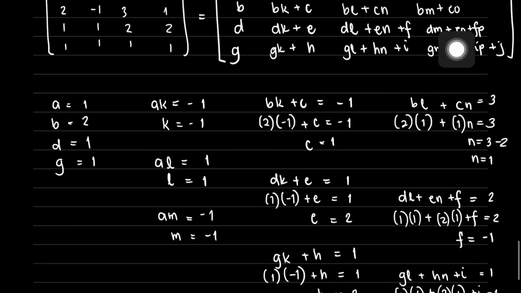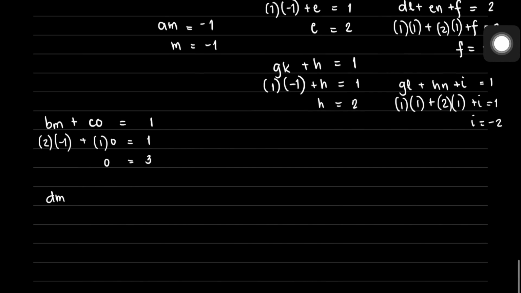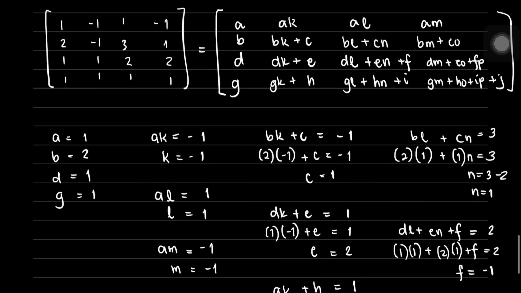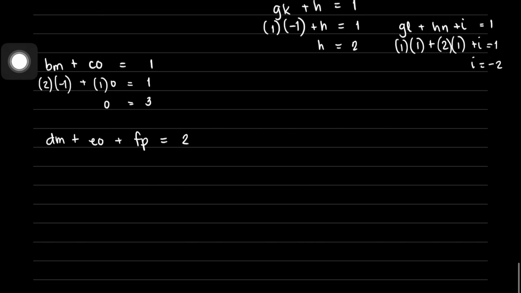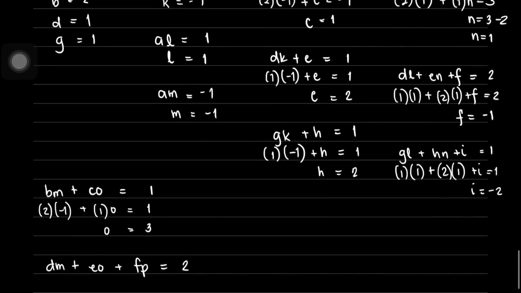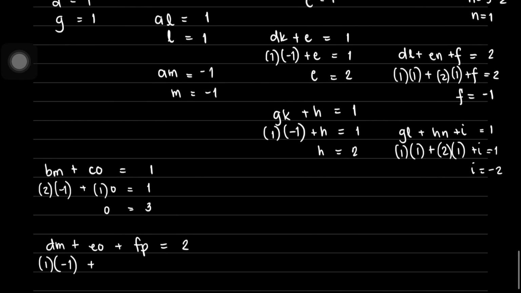For this one, we have D times M plus E times O plus F times P. This is equal to positive 2. So D is equal to 1, M is equal to negative 1, plus E, our E is equal to 2, O is equal to 3, F is equal to negative 1, and P is our unknown here.